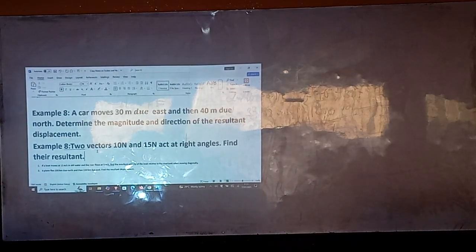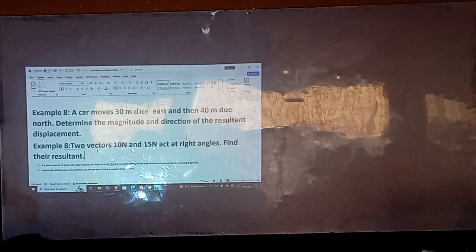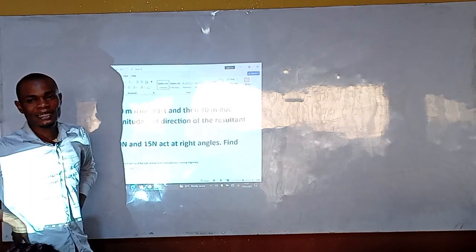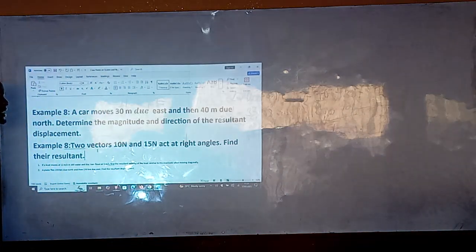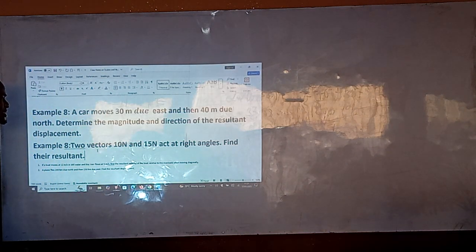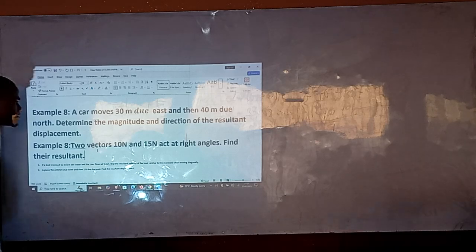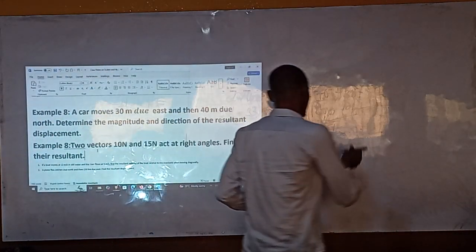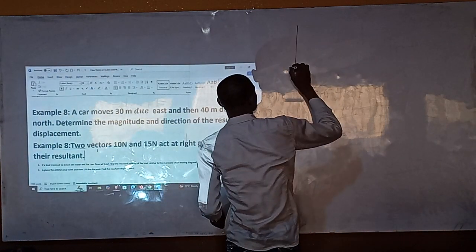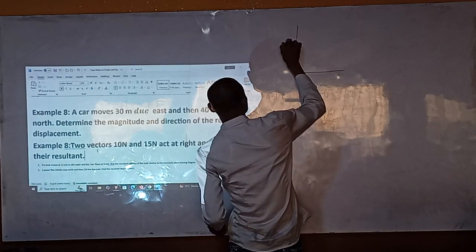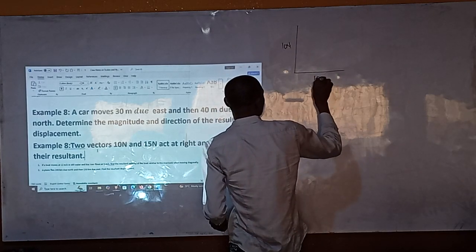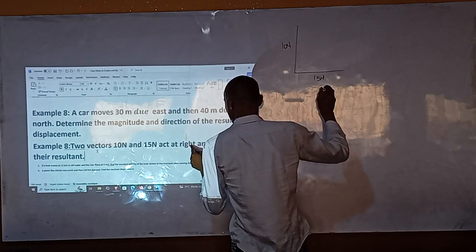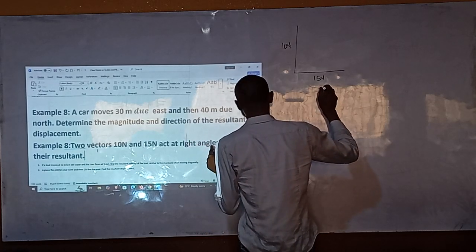Look at this question. Two vectors. What's the meaning of right angle? What did I tell you the meaning of right angle? 90 degrees. Two vectors, 10 Newton and 15 Newton, act at right angles. Find their resultant. Write 10 Newton and 15 Newton act at right angles.